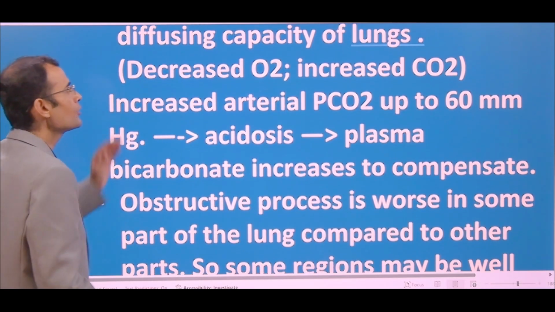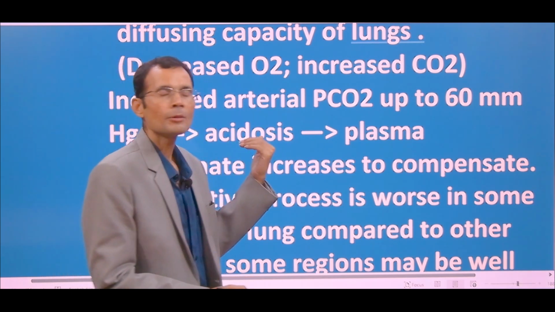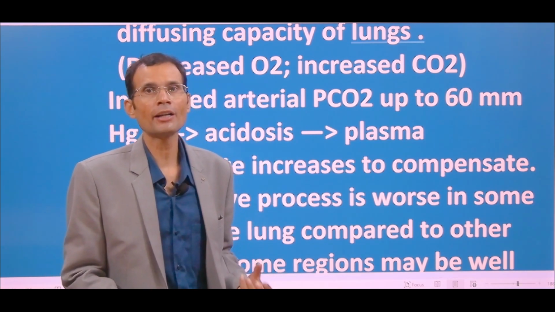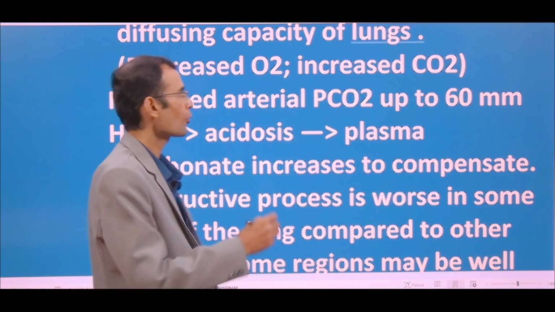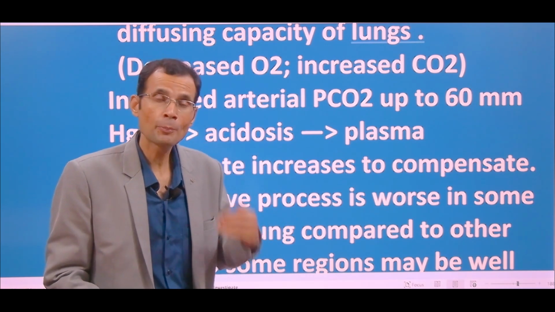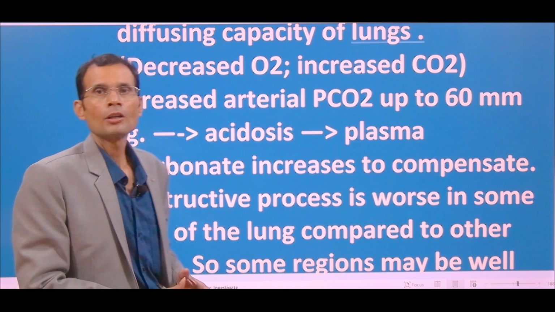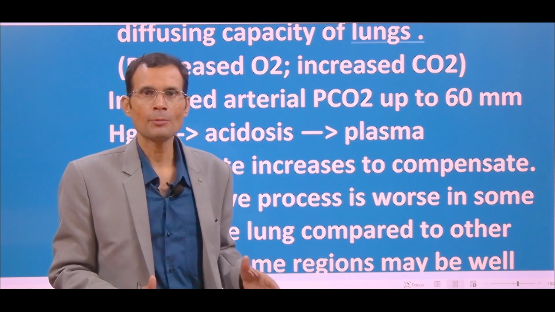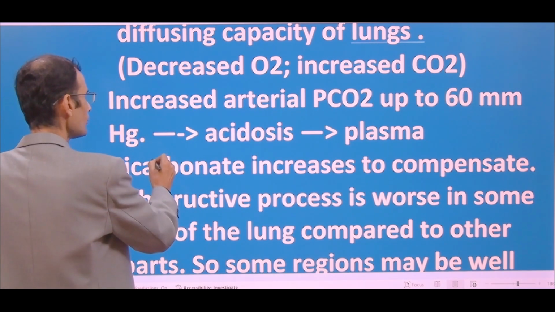So there is decreased oxygen diffusing into the blood and an increase in carbon dioxide in the body. Carbon dioxide is also diffusing less from the blood into the alveolus. So carbon dioxide builds up. That's another story of emphysema, buildup of carbon dioxide and hypoxia.